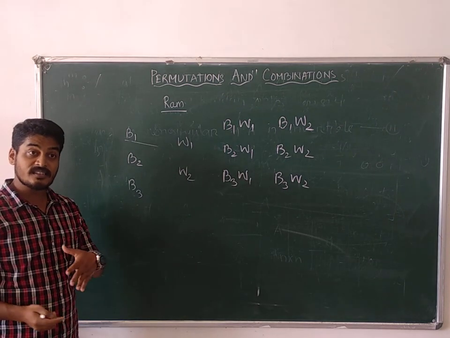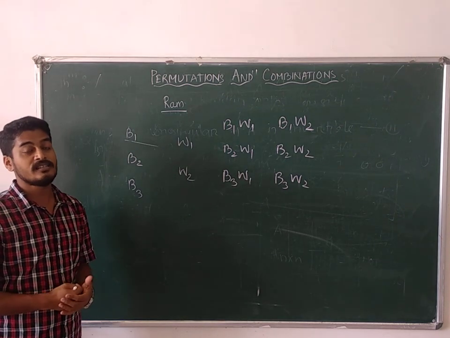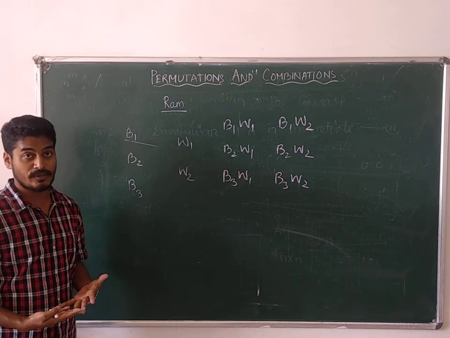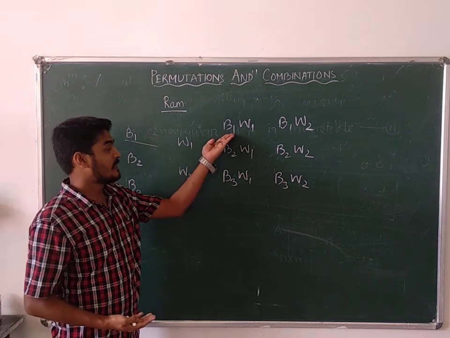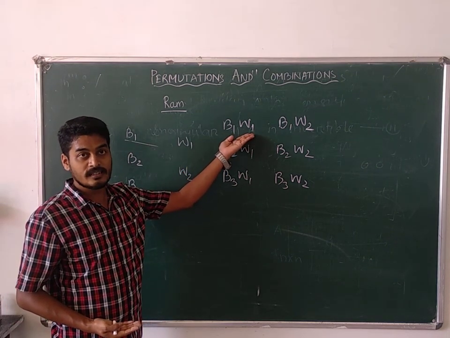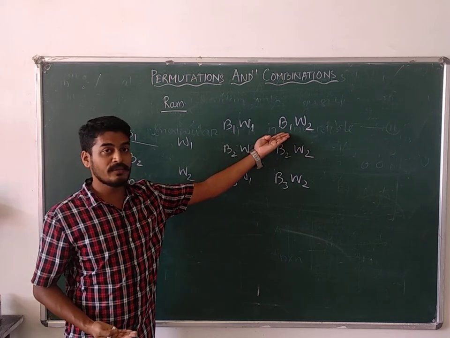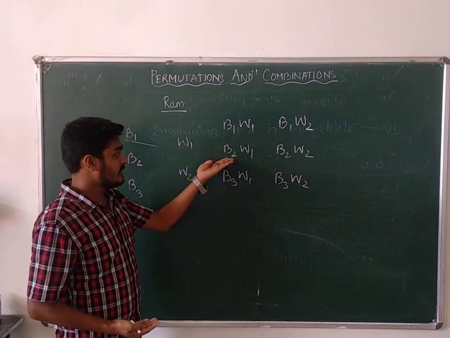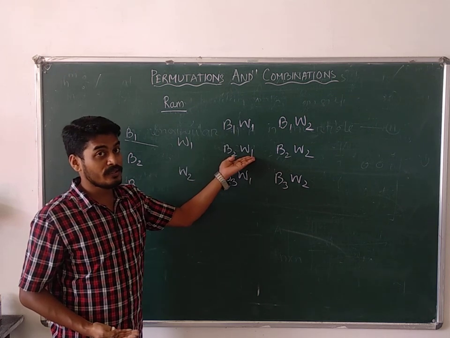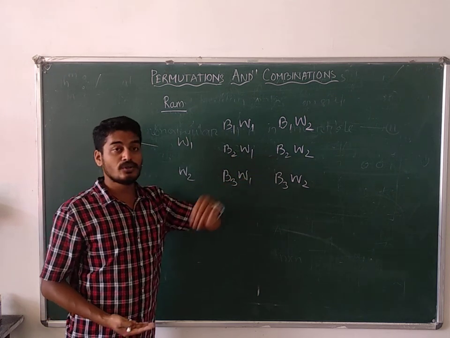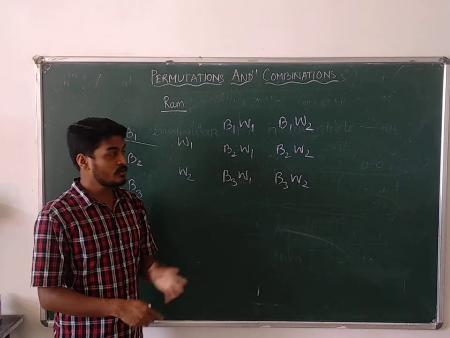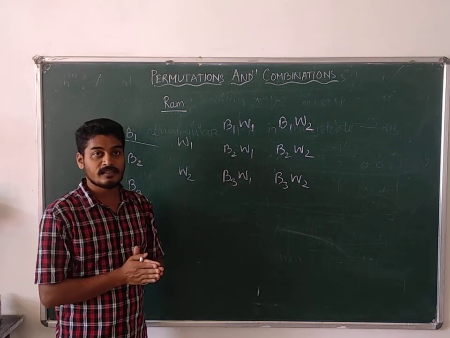That means on 6 different days he can carry different pairs. The bag may be the same but the water bottle is different, so the combination is different. In this way we can arrange.